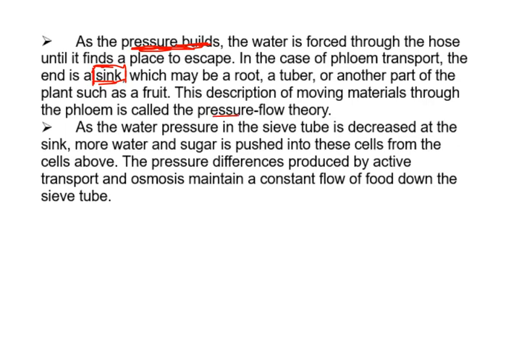The theory is called the pressure flow theory, right? There's so much pressure, it causes the sugar to flow out of the way. And usually it makes some sort of fruit, or it goes back to the roots, or a tuber. You guys know what a tuber is? A vegetable, right? Imagine that this is like a carrot or a potato or something like that.